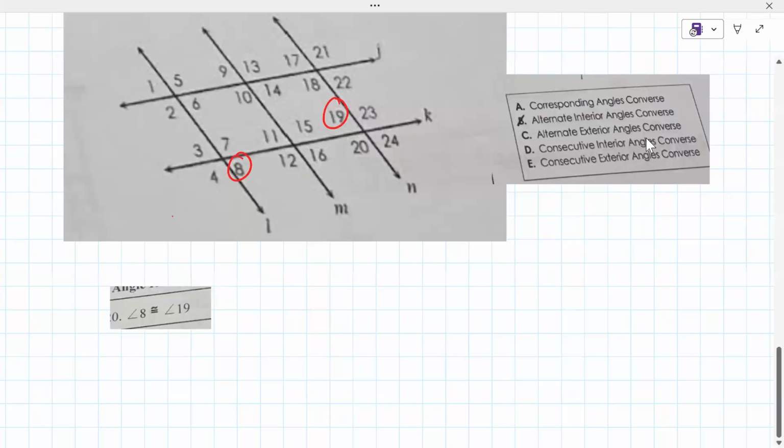It might help. My hint here is to remove line M from your visual. Okay. It looks like alternate interior.